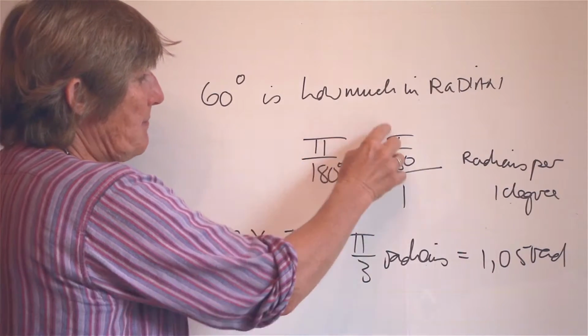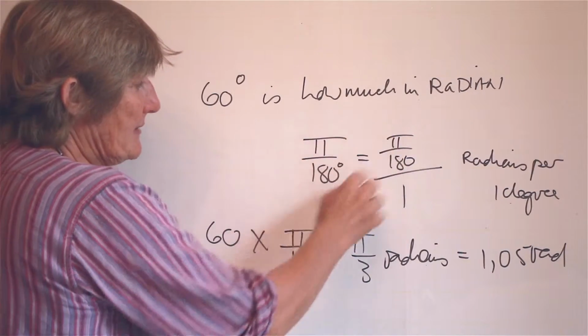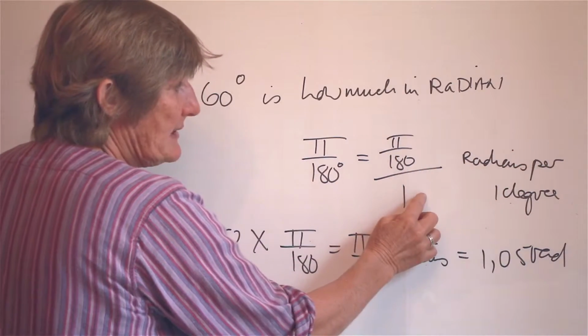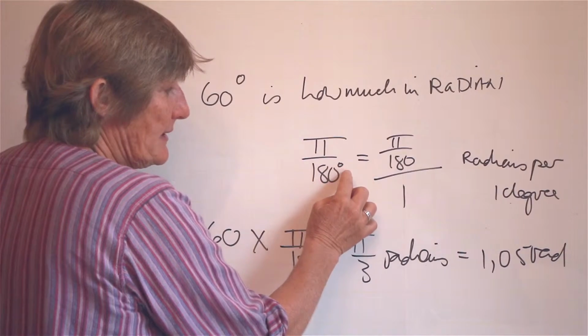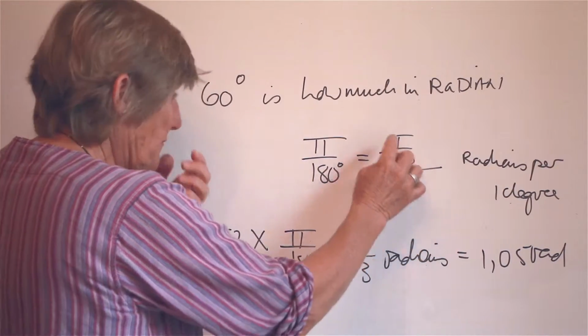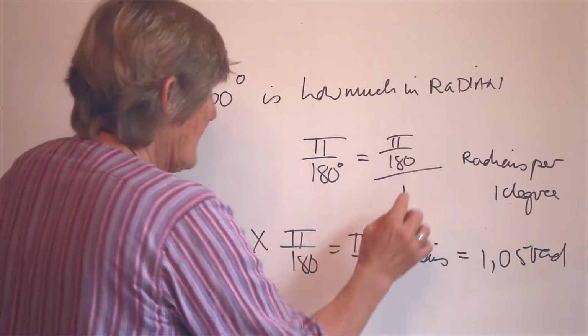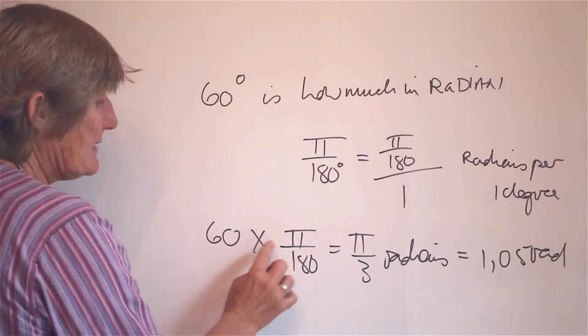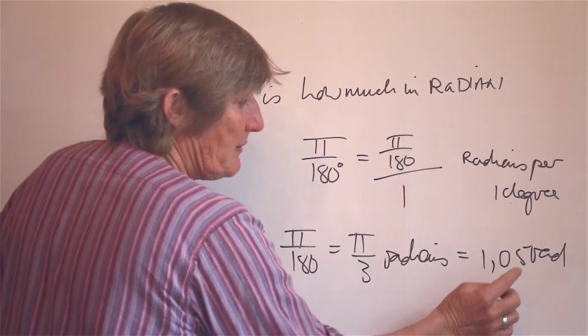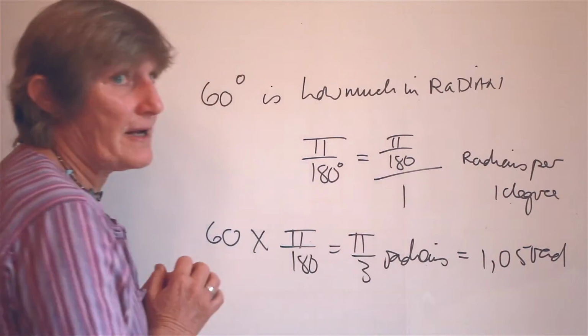So pi over 180 is so many radians per 1 degree. So if you know how much is 1 degree, then 60 will be 60 times pi over 180. It's pi over 3 radians, or in today's language, 1.05 radians.